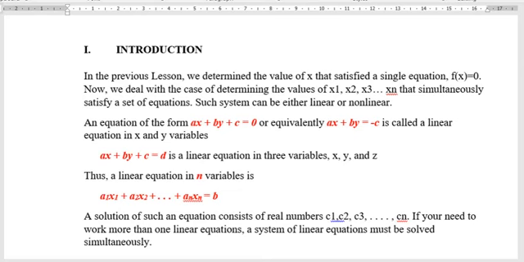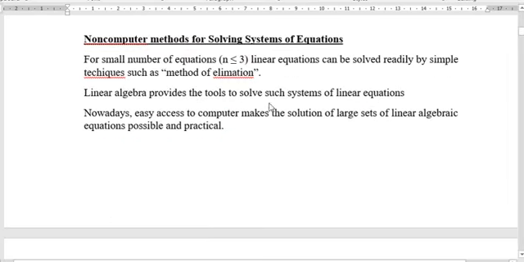Next slide. We have some non-computer methods for solving systems of equations. For a small number of equations, where n is less than or equal to 3, linear equations can be solved readily by simple techniques such as the method of elimination.